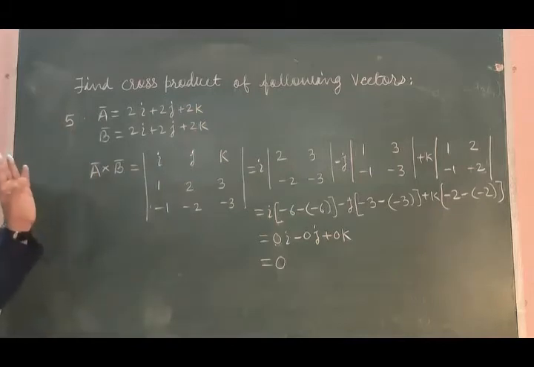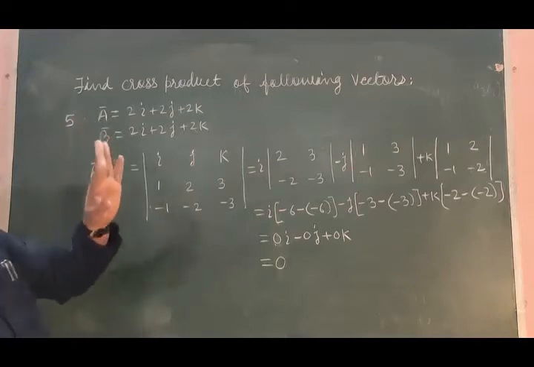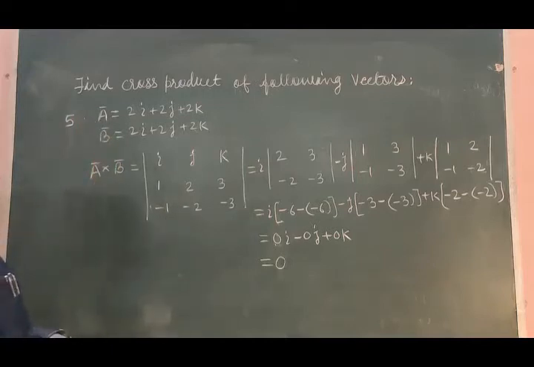Vector A is 2i plus 2j plus 2k. Vector B is also 2i plus 2j plus 2k.